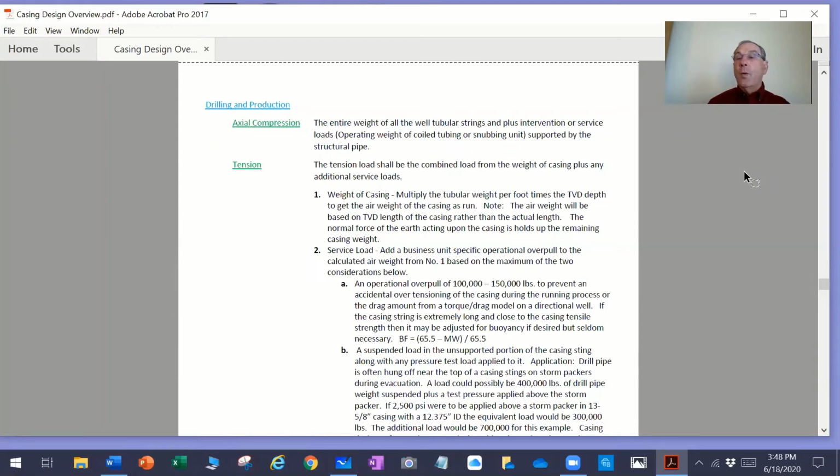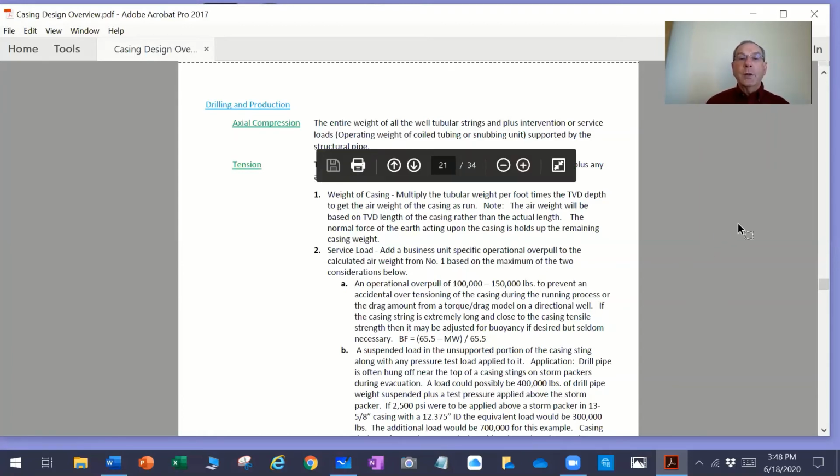Then you use 4 million, and you make some assumption about the load of a snubbing unit or coil tubing unit you would rig up on top of the Christmas tree, maybe 500,000 pounds. You would design the compressional loads on the structural pipe at the top for all of that weight, 4.5 million pounds.